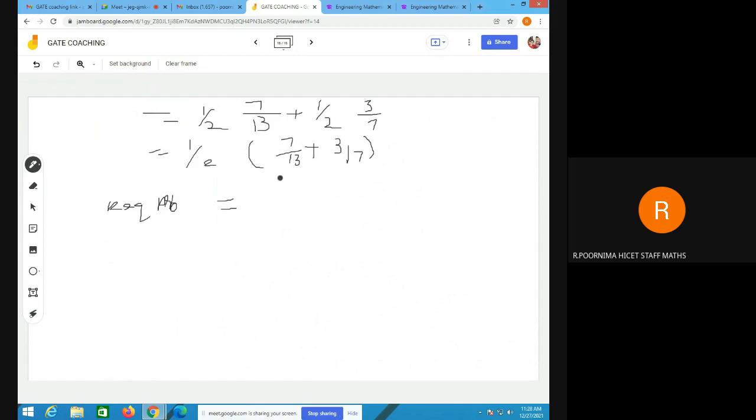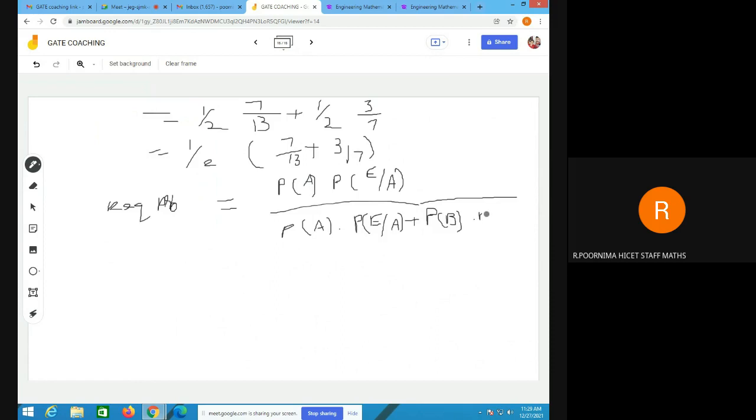So that is equal to P of A into P of E given A, whole divided by the same thing in the denominator: P of A into P of E given A plus P of B into P of E given B.